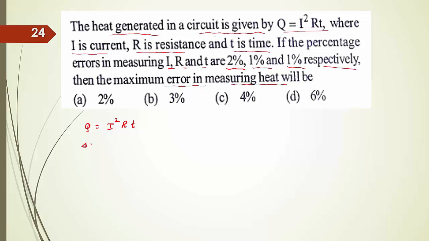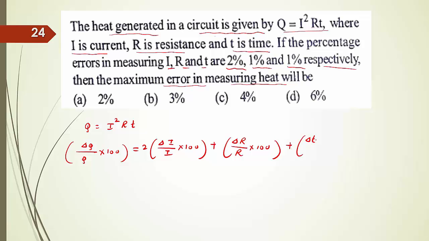Means we can write delta Q over Q into 100. We have to find this, which is equal to, I square exponent form, so we can write 2 into delta I over I into 100 plus delta R over R into 100 plus delta T over T into 100.